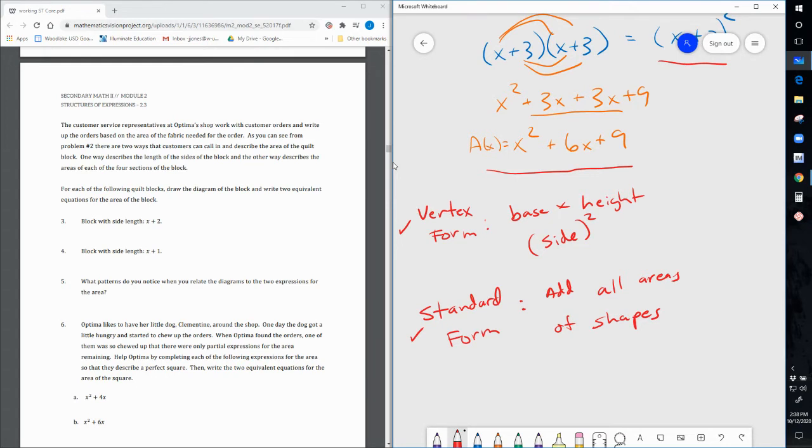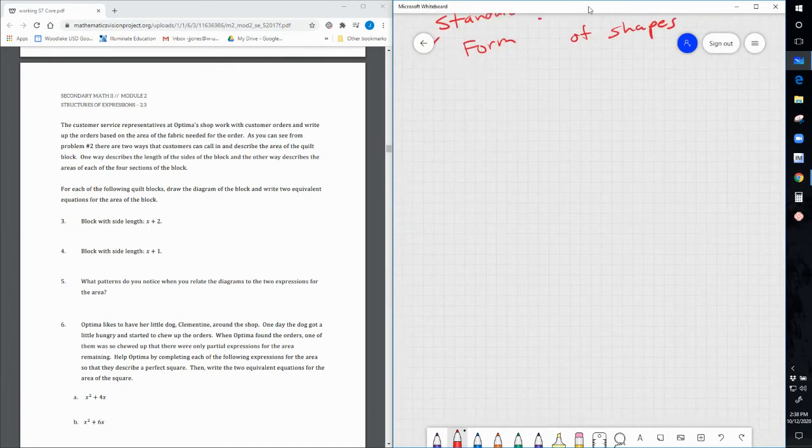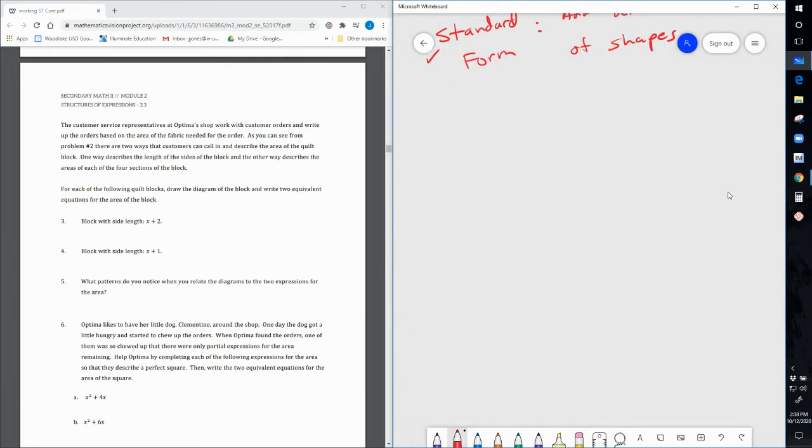Okay, so before I just give you the answers for this one, let's pretend that it doesn't say x plus 2, but it says x plus 3. So that's what this would basically say, a block with a side length of x plus 3.